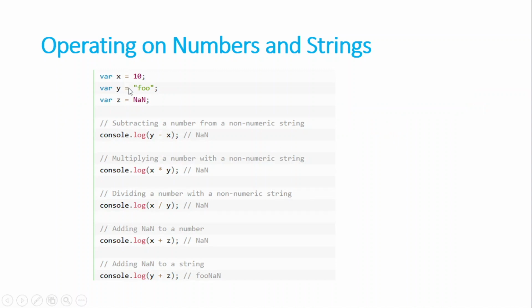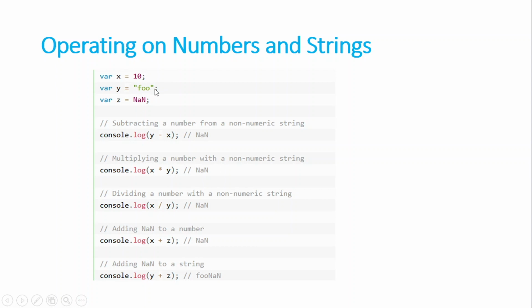You can see we have this foo, which is a word and which cannot be converted into a number. If we multiply that, you can see y minus x is returning not a number, because we cannot convert this foo into a number.